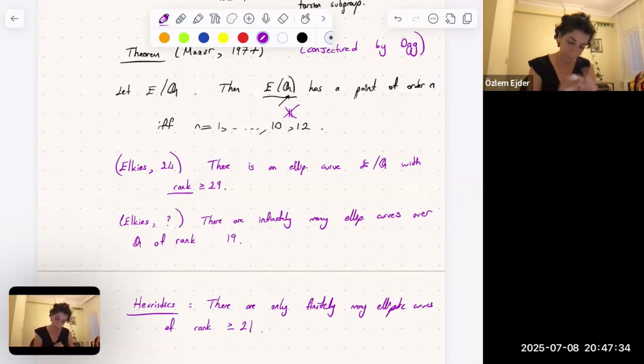Some people are also trying to show that as the curve E varies, this rank is bounded. But there is really not much progress there.